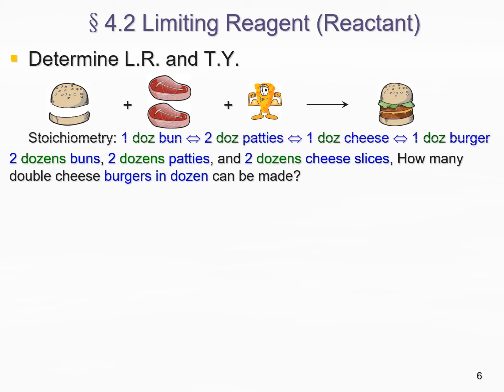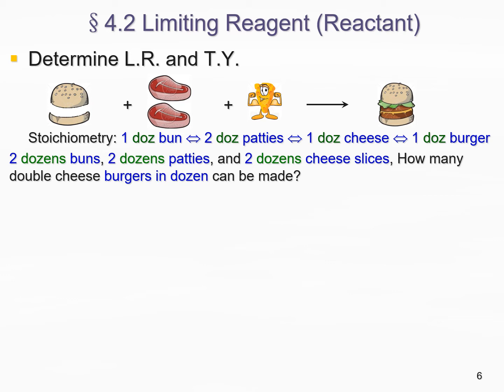So why don't we just try to figure out the theoretical yield, then from those yields to figure out what the limiting reactant is. I just want to let you know, if we want to pinpoint the limiting reactant, it should give us the least amount of a product.